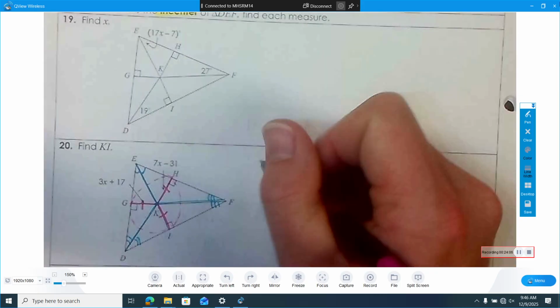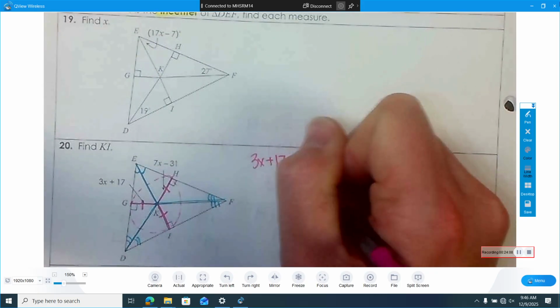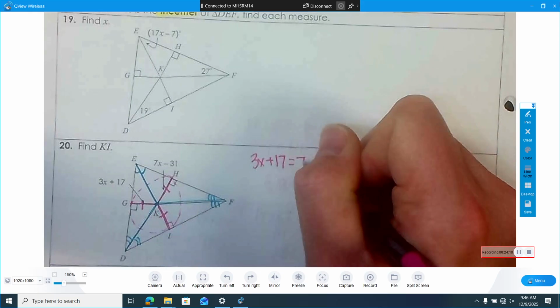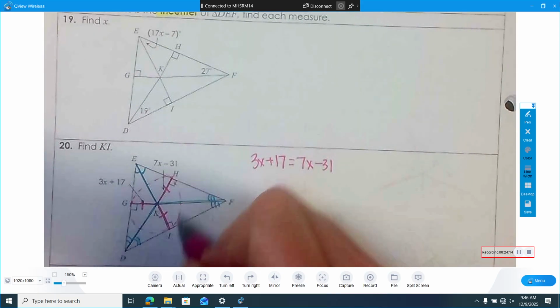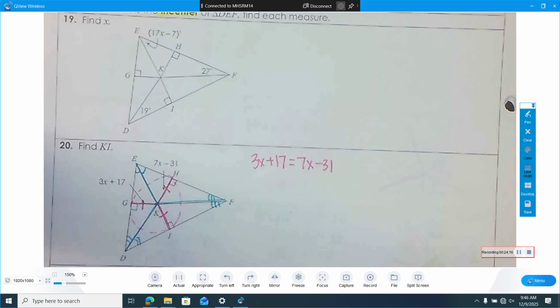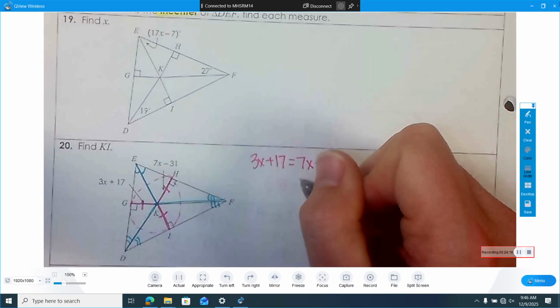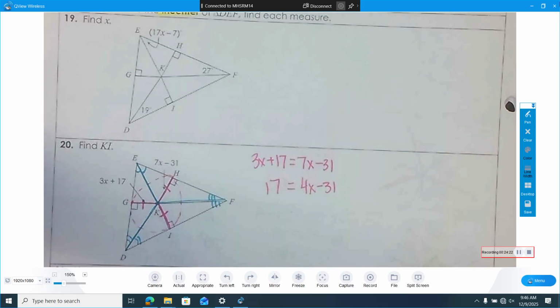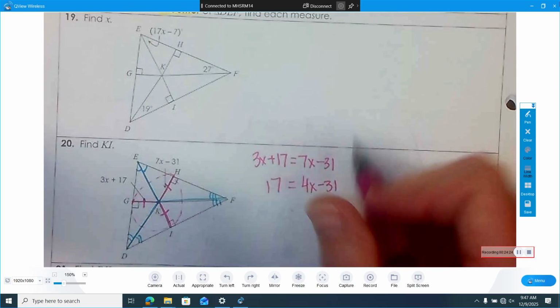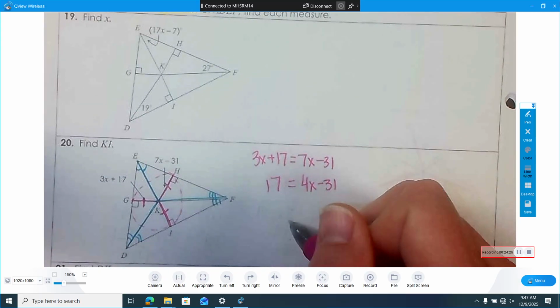So what can we do to set up an equation here? 3x plus 17 is equal to 7x minus 31. Again, these are the little spokes of my wheel here. They have to be the same length. So I'm going to subtract 3x. That gives me 4x minus 31 equals 17. Then I'm going to add 31 to the right side. That would be 48.